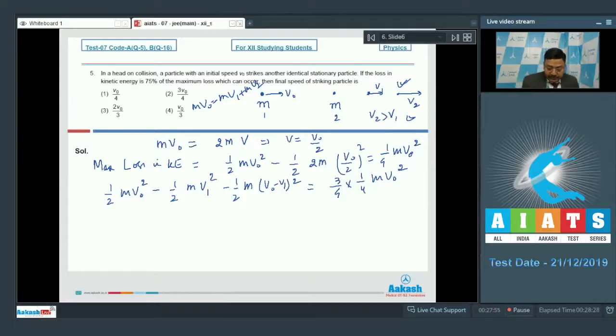Let's simplify it further. Simplifying this, we will get a quadratic equation in v1, right? We can cancel all m's.